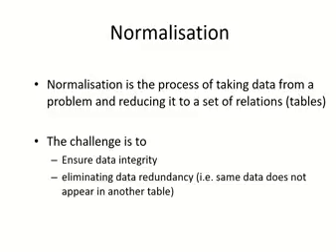Or ensuring that there aren't broken relationships between tables, and that might happen, for example, if you delete a customer, and then there's a record of something that that customer had bought, and now there's no longer details of that customer. So that kind of inconsistent updating can violate data integrity or referential integrity.